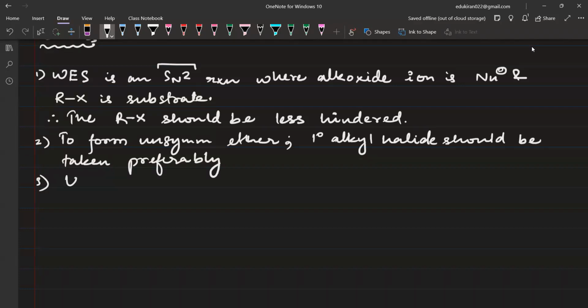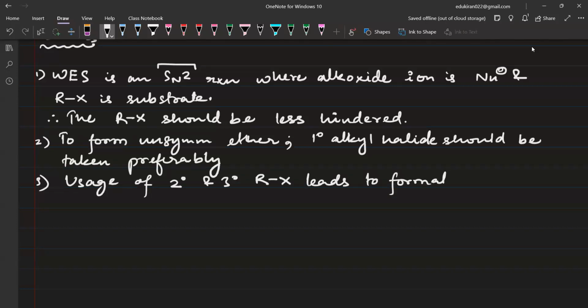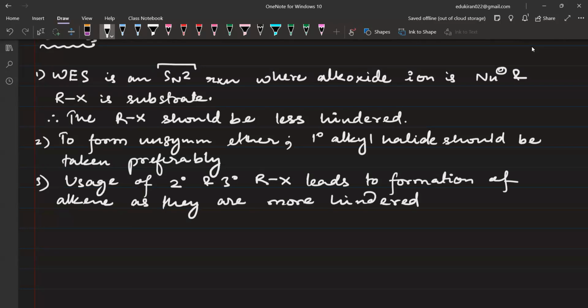Third point: usage of 2 degree and 3 degree haloalkane leads to formation of alkene as they are more hindered. ठीक है, but please remember we can use 2 degree, 3 degree alkoxide ion. ठीक है, क्या लिखेगा इसके बाद?